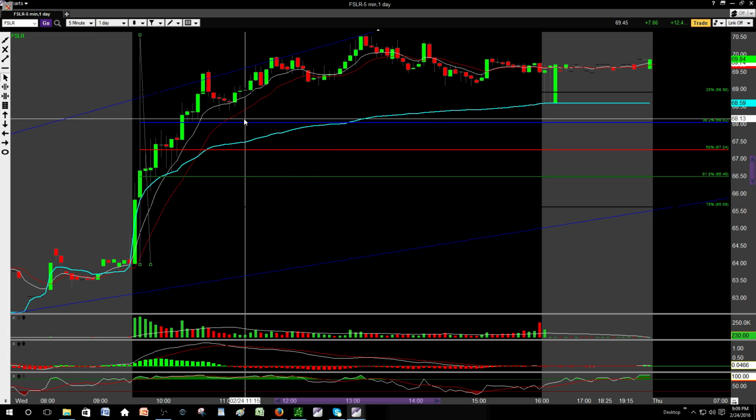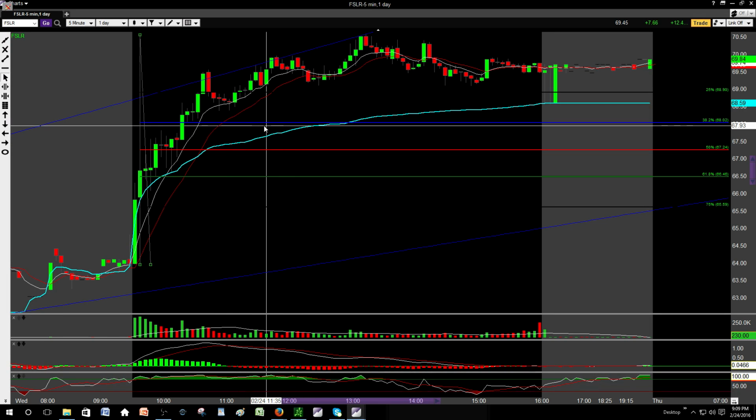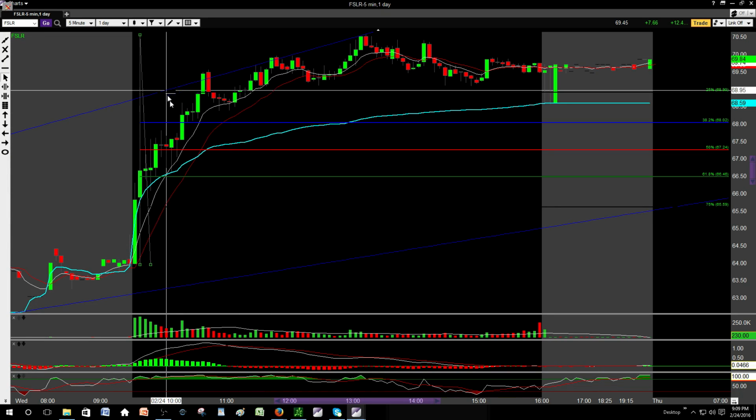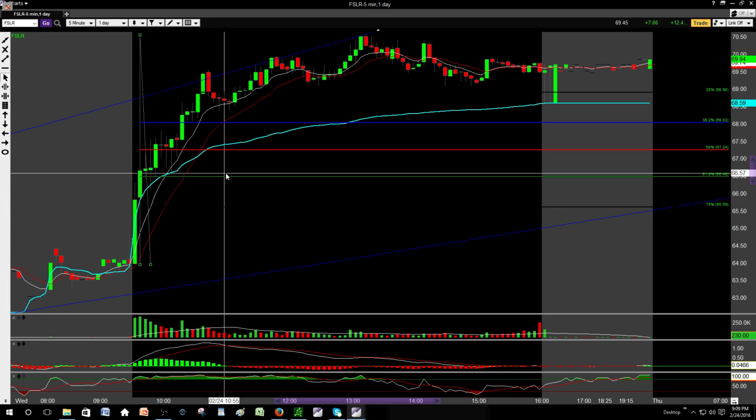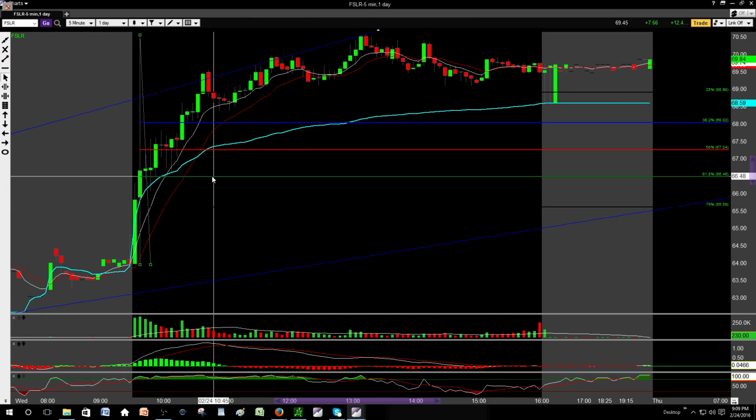And then the moderate pullback, they call it shallow, moderate. But what you really want on a serious parabolic move, as far as a pullback goes, is the 62%, the 61.8 exactly. I think they call this a golden retracement.